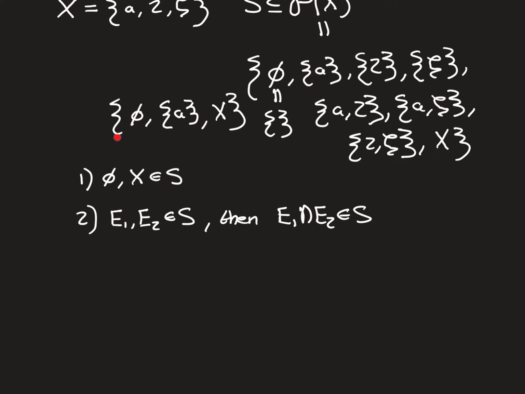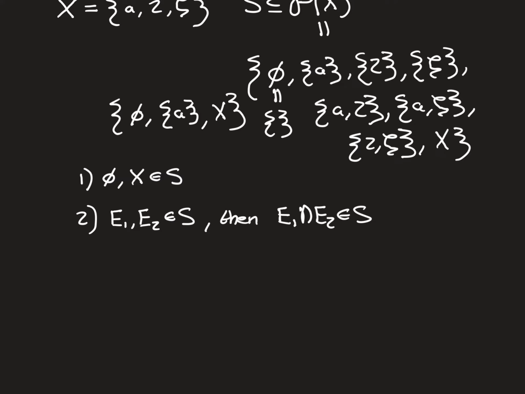So does this thing that we've got here obey this? Let's take all combinations of two things from here and try intersecting them. The empty set intersected with this singleton set is just going to be the empty set, so that's fine. The empty set intersect with X, again, is just going to be the empty set, so that's again fine. A intersected with X is just going to be A, so that's fine.